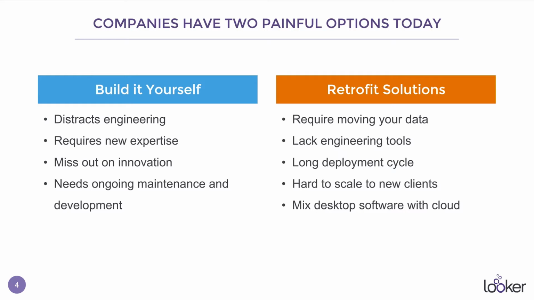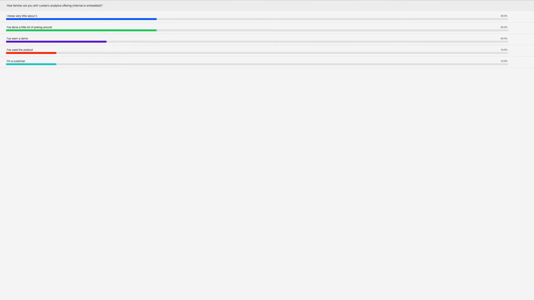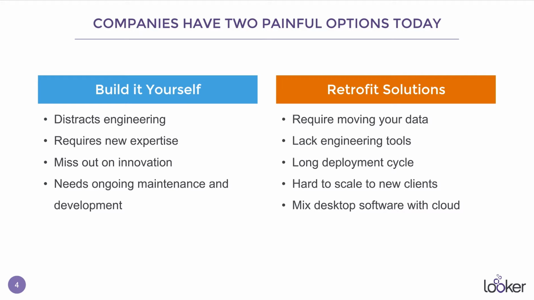If you don't have analytics expertise already, then you need to go find those resources and put them in. And then for retrofit solutions, a lot of them were built before web architecture was as popular. So it requires you to move your data into the cloud or into some other solution, lacks engineering tools, has a long development cycle, is hard to scale to new clients, and is a mix of desktop software with cloud, which can be awkward for some systems.